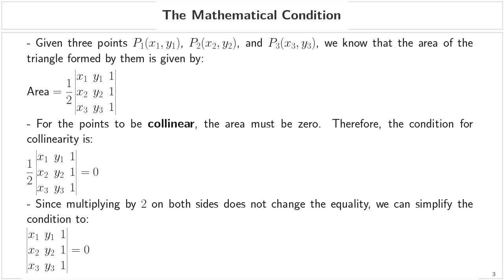Therefore, the simplified mathematical condition for collinearity is simply that the determinant itself must equal 0. In the next few slides, I will show you exactly how to apply this determinant to solve problems step by step. Now that we understand the geometric intuition, that a triangle collapses into a line when its height becomes 0, let's translate this concept into a precise mathematical formula.